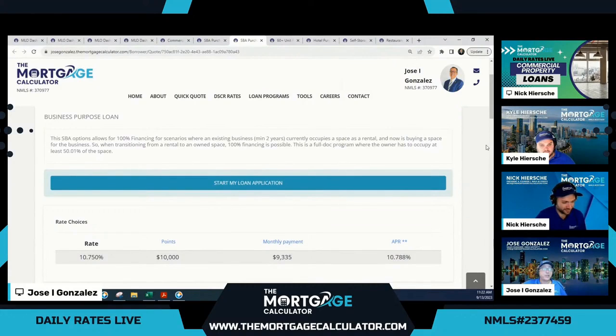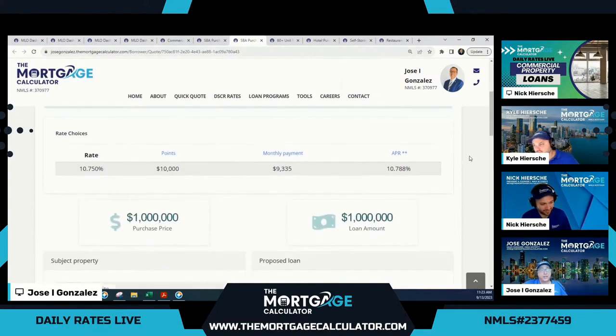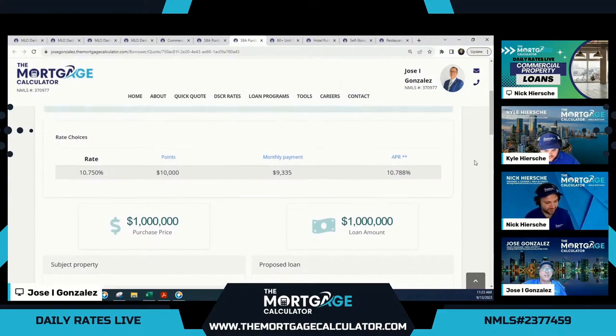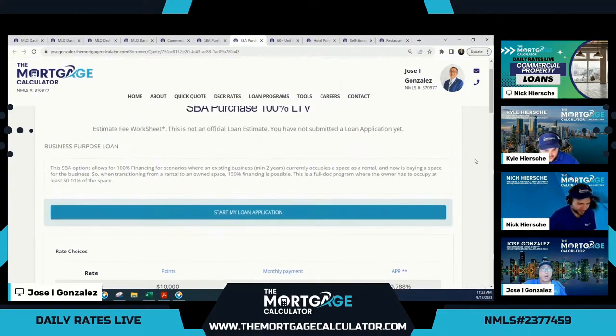So again, with the SBA, risk-based, property-based, so it is a little bit of a range here. In this case, it could be anywhere from the high nines to the low 11s for the SBA. We're looking at 1% loan origination there, $1 million loan, $1 million purchase, 100% financing. Now, this is applicable when the borrower is an existing business for at least 2 years and they are currently occupying a space for their business.